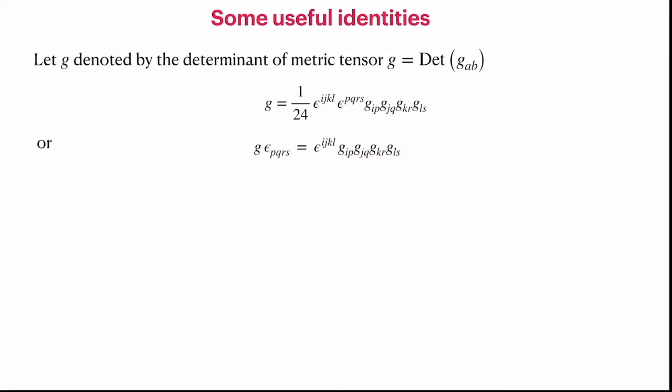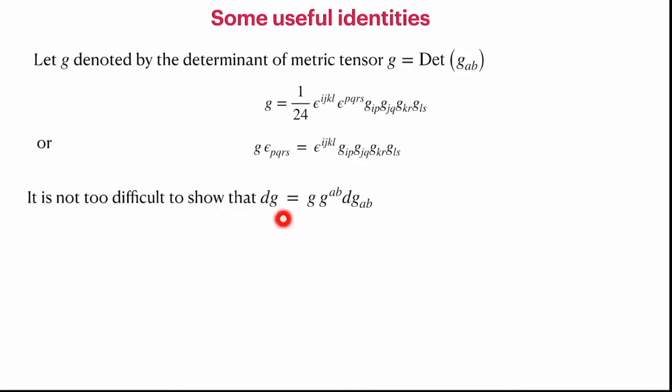One of the interesting properties here is that the metric tensor can also lower and raise the indices of epsilon ijkl, even if it is not a tensor in the true sense, but once you multiply by the determinant G or the square root of the determinant G, it becomes a tensor. We will not get into all that.